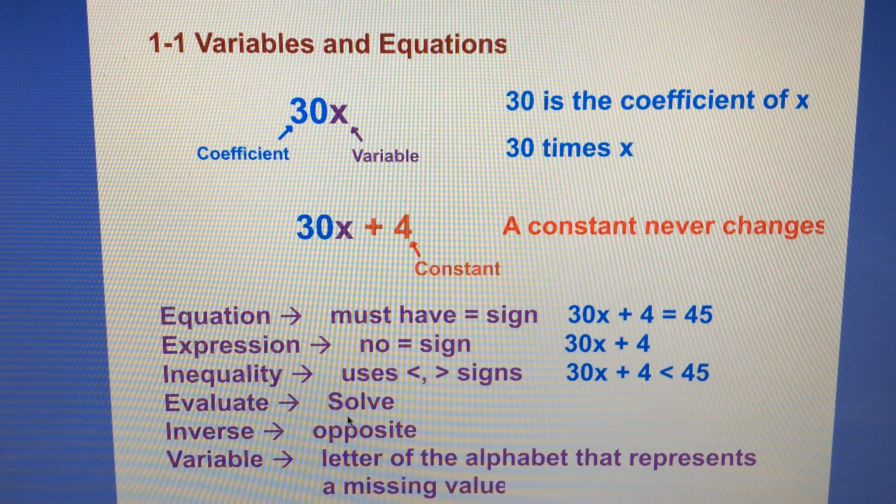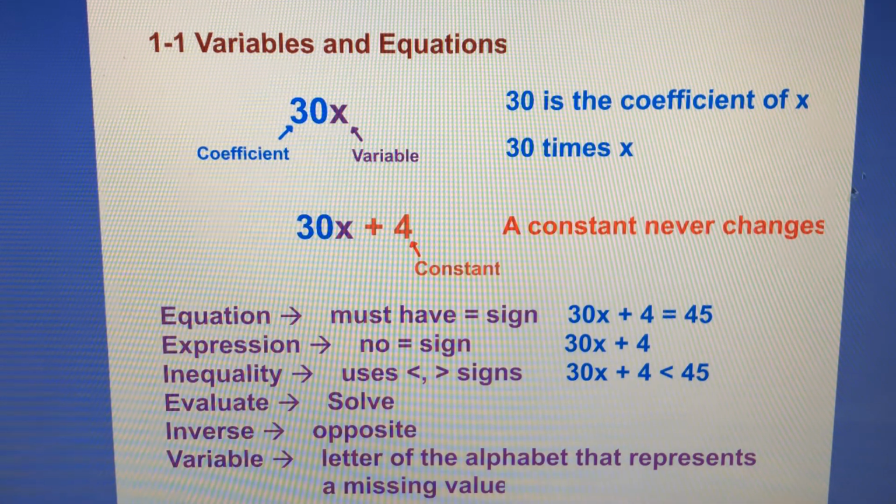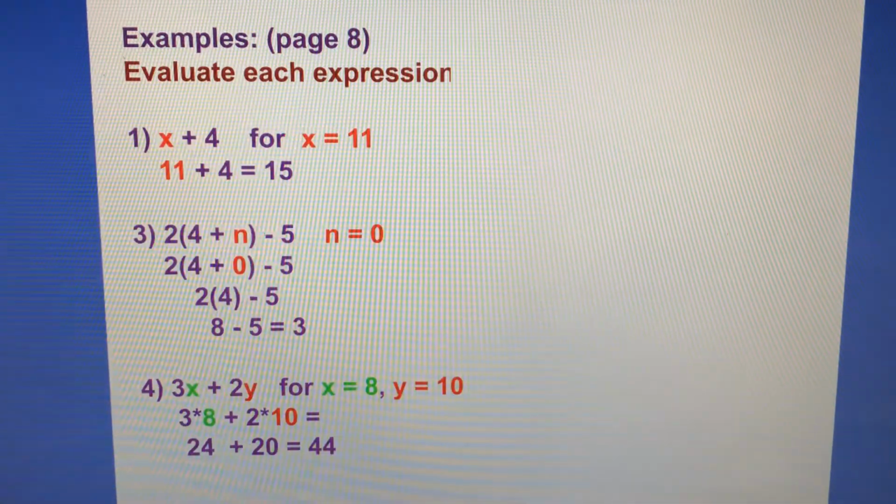Evaluate means solve, give the answer. Inverse, when I say use the inverse operation, I'm also referring to the opposite. Inverse is the mathematical term for opposite. Variable is a letter of the alphabet that represents a missing value.